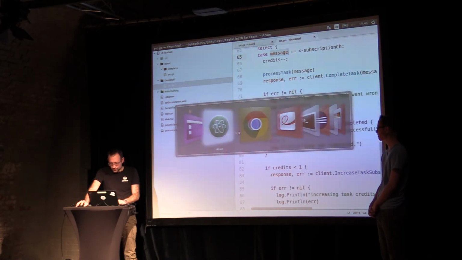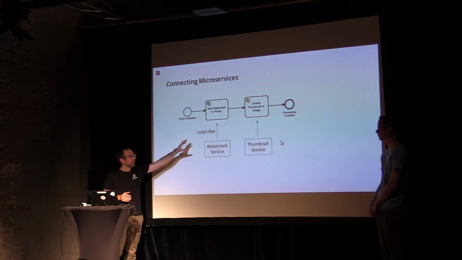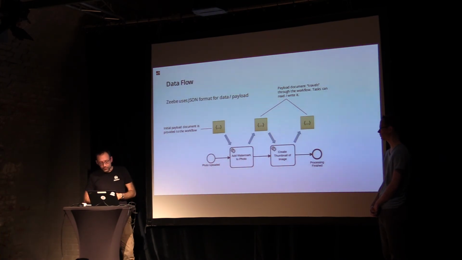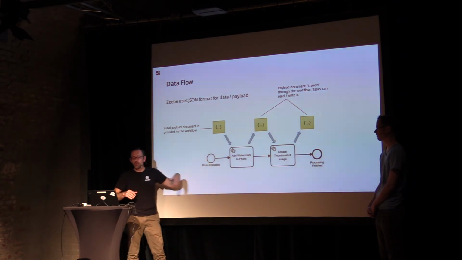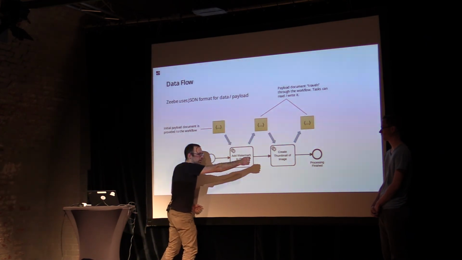Now going back here. You've looked a little bit into how I can connect my services. The data flow: this is a workflow, and whenever we execute it, we call that a workflow instance, a particular run through this.